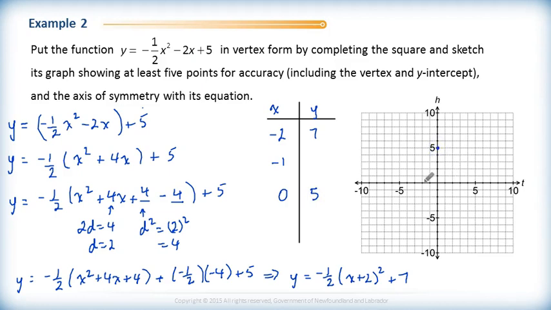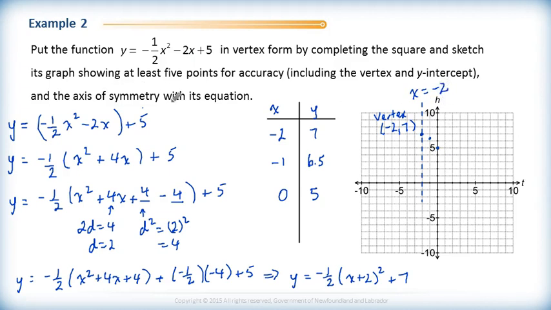I've got a vertex at negative 2 and 7. We know this graph opens down. Just need to calculate the y value when x is negative 1. And that works out to be 6.5. So at negative 1 and 6.5 I have a point. So since my vertex goes through negative 2, 7, my axis of symmetry is x equals negative 2.